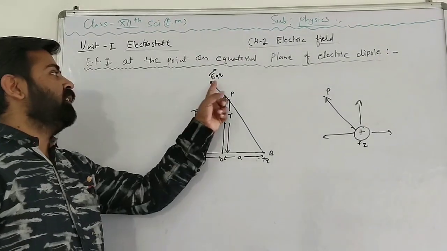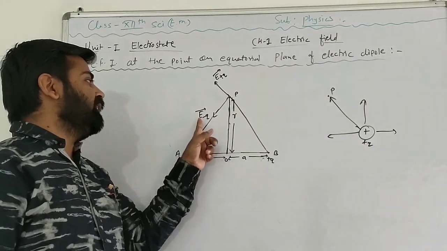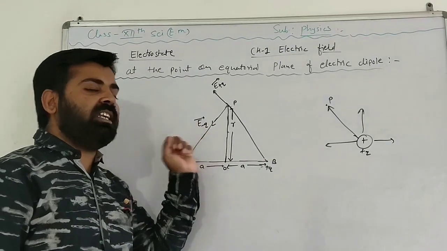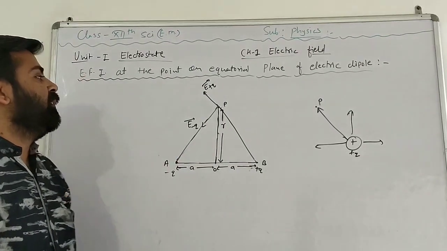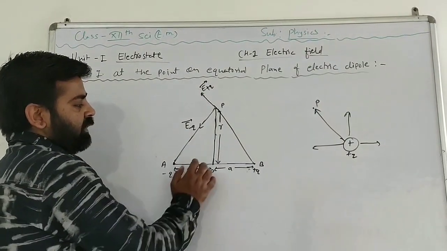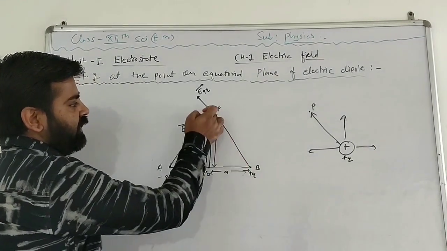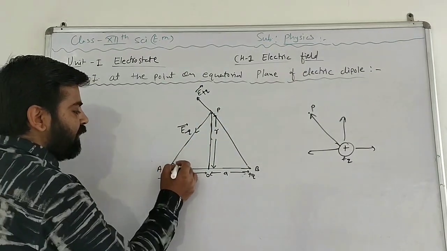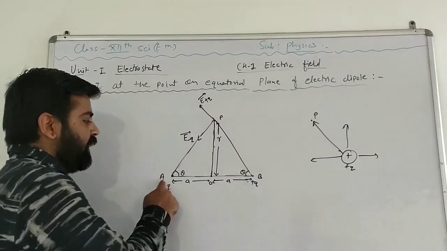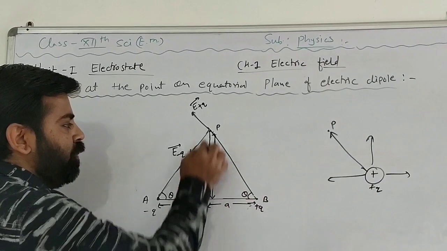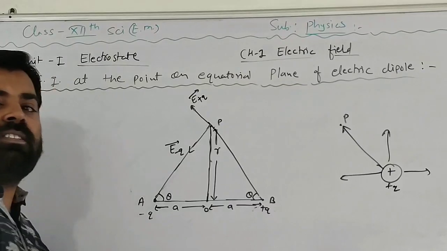Now we resolve firstly the E plus Q vector into its horizontal and vertical components, and the E minus Q vector into its horizontal and vertical components. To find their components, we first draw their angles. The angles of the minus Q and plus Q electric field intensity at point P are the same, drawn as theta, because triangle AOP and triangle BOP are congruent.